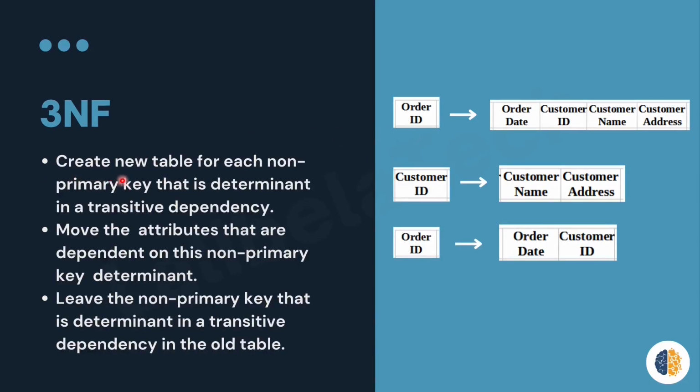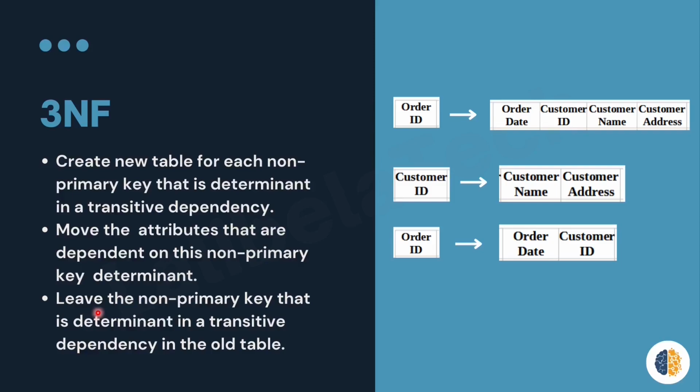Now, create a new table for each non-primary key that is a determinant in the transitive dependency. In our case, customer ID is the determinant. Then, move the attributes that are dependent on this non-primary key determinant. So we will move the customer name and customer address to the new table.